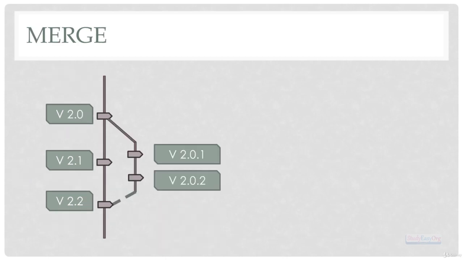Now moving forward, there could be a scenario where we would like to merge the changes. We would like to merge our version 2.0.2 and version 2.2. Again, this is possible. Imagine that we have two copies of the exact same software, and in both copies there could be changes. So merging the data could be a little tricky, and in these kinds of scenarios there could be a conflict.